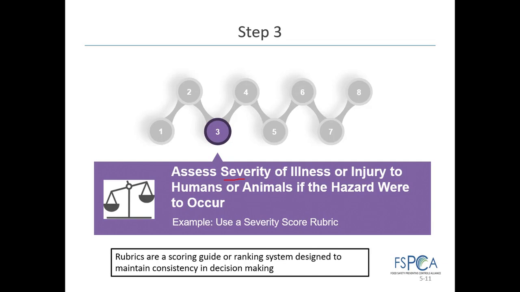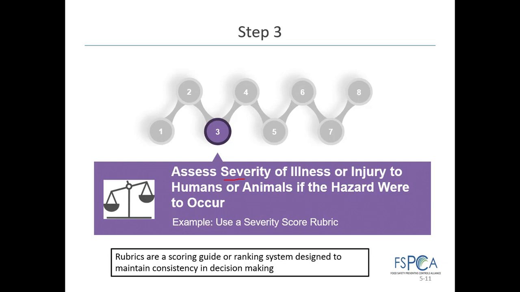I think it's really helpful, and FSPCA and FDA are recommending, that you as a company create some sort of rubric to help with this communication. Remember that even though we're all doing the legwork right now to set up this document, it's intended to be used for years to come. So having a level playing field with this communication, making sure that everyone's using the same language for years to come, is definitely important.